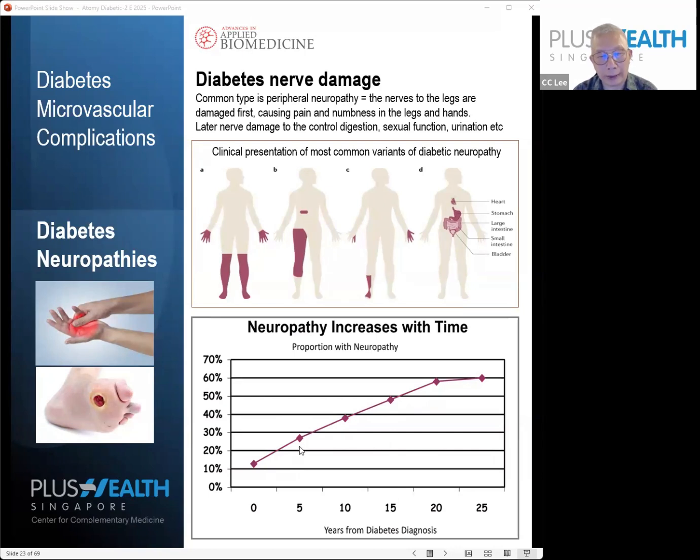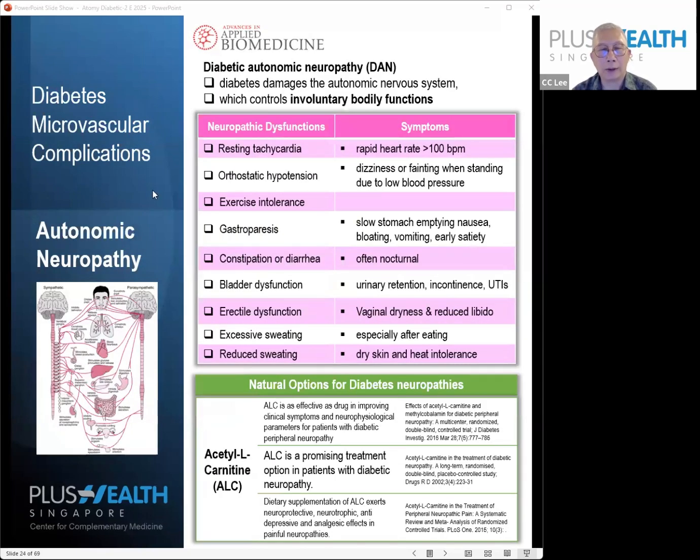Now, I want to share with you that this is one of the most serious diabetic complications. Why? Because as the nerve affects your legs and hands, that's not that bad. You will have diabetic legs and all that, but you can still manage.